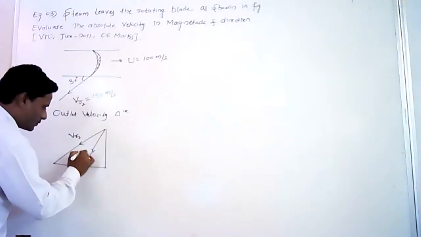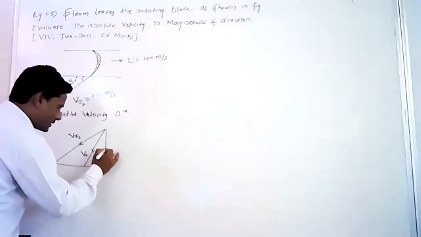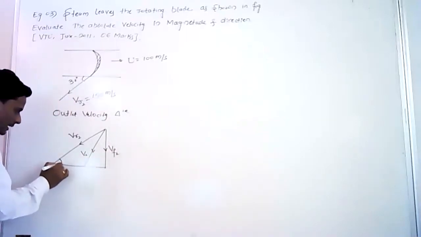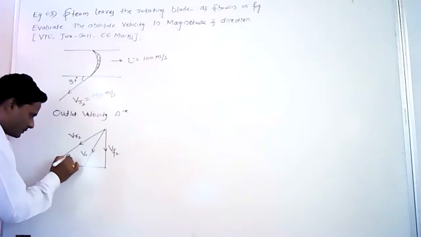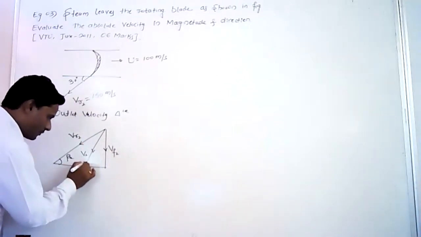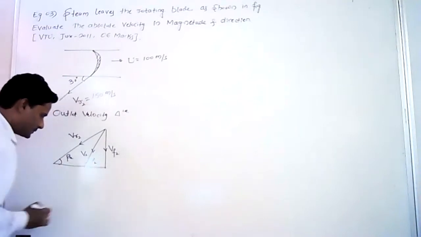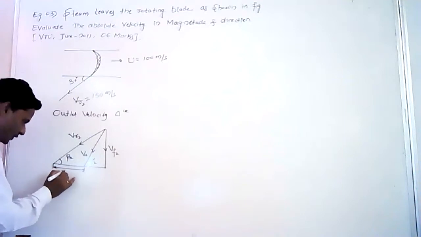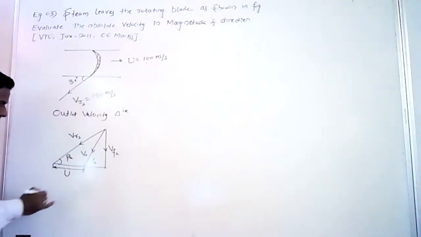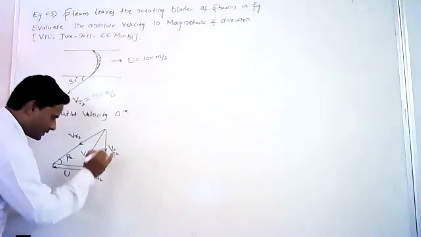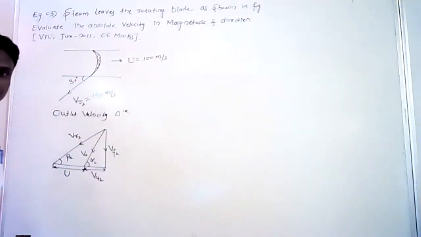This is V2. And this is VF2. The angle made by VR2 is beta 2, which is already given 30 degrees. And for V2, the angle is alpha 2. The other vectors are u, the tangential velocity, and VU2, the tangential velocity component.